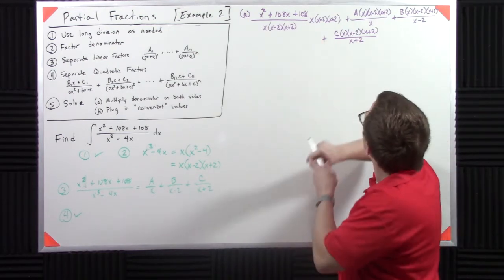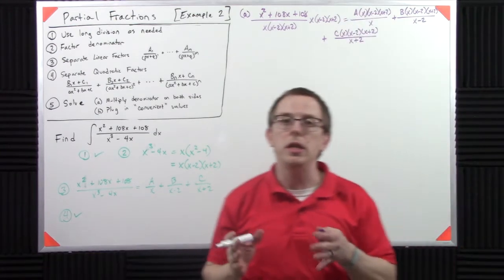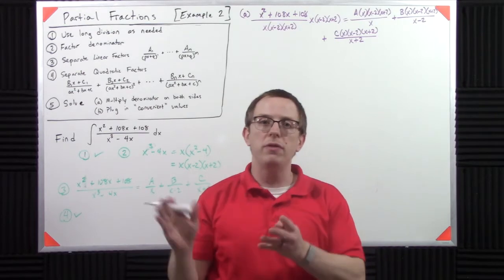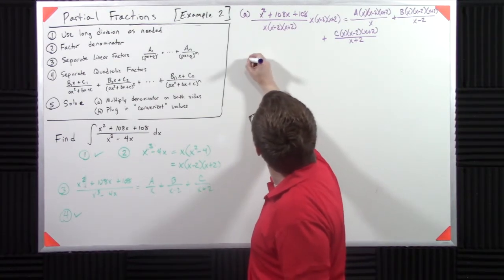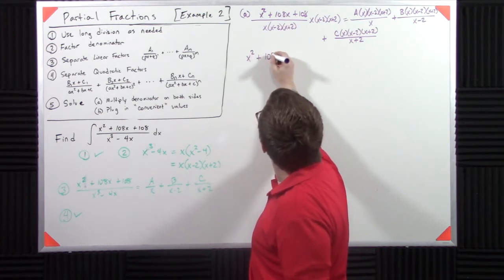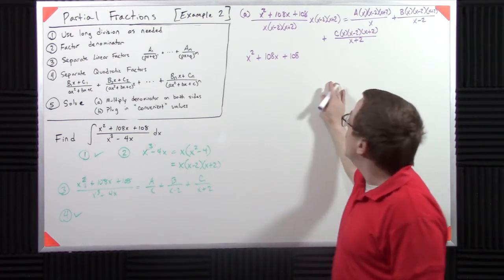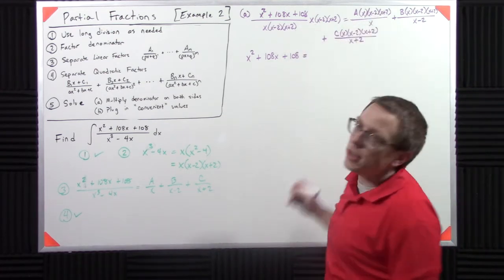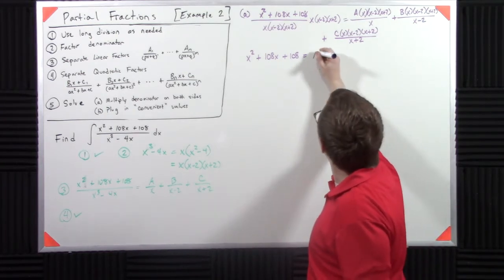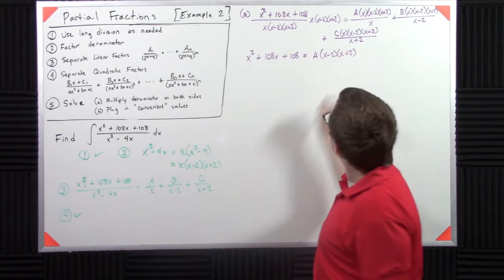On the left side you should always cancel everything and be left with only the numerator, x squared plus 8x plus 108. On the right side, for the A term the x cancels, so I have A times (x minus 2)(x plus 2).